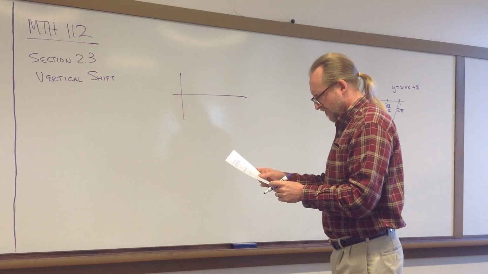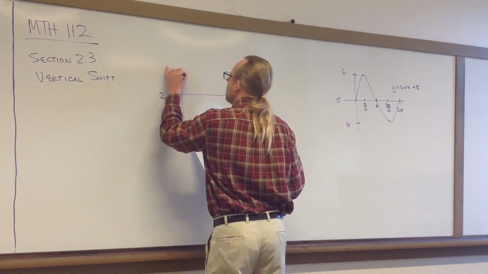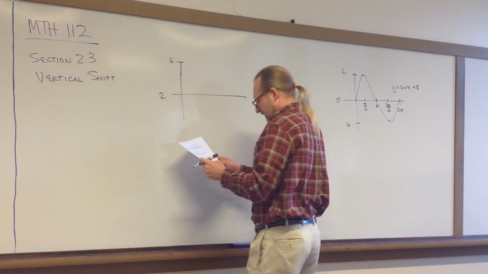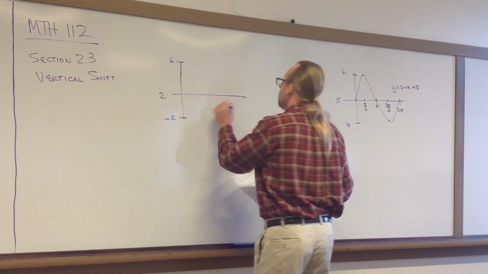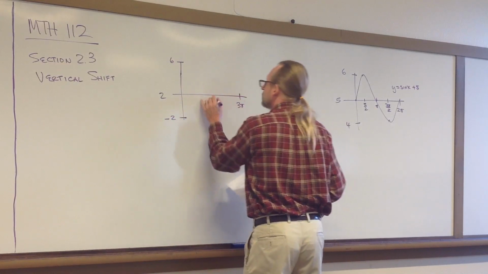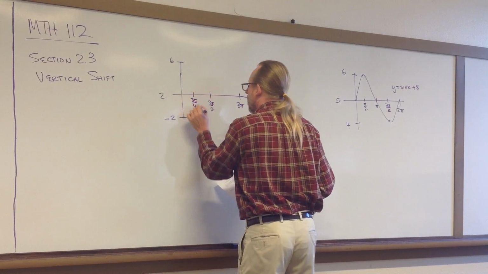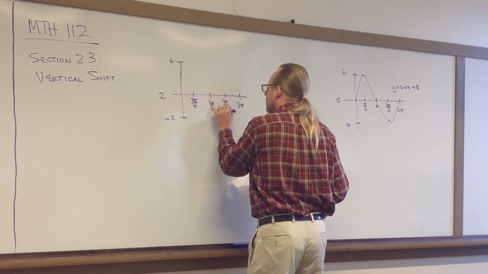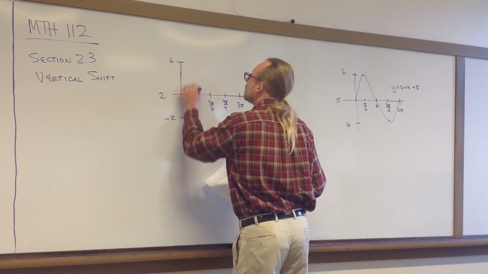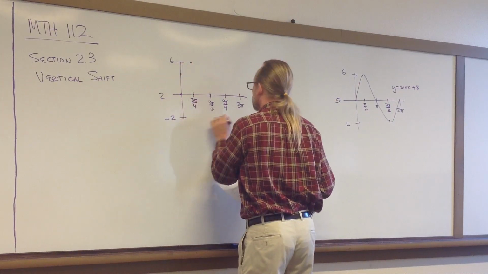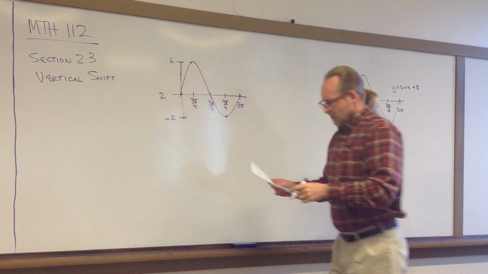So this is 2, and it goes up to 6, and down to -2, and our period here is 3 pi. 6 pi over 4, 9 pi over 4, right? And so it goes up here, 0, minimum, back to 0. Okay, so there's the example.